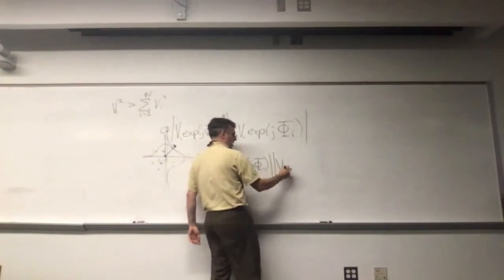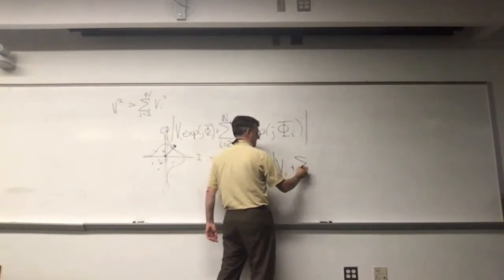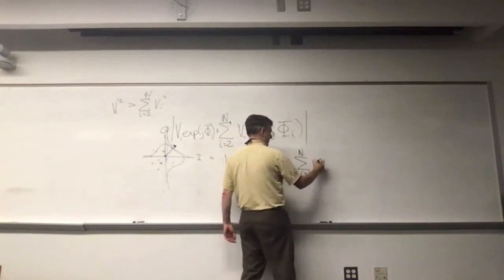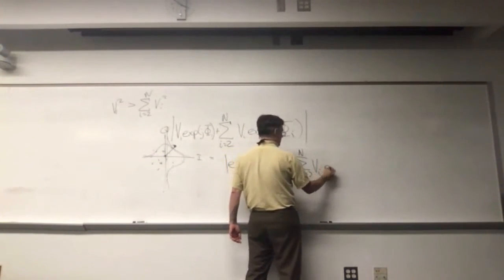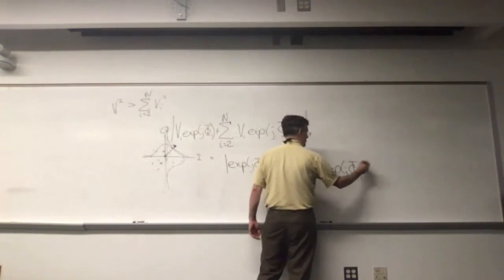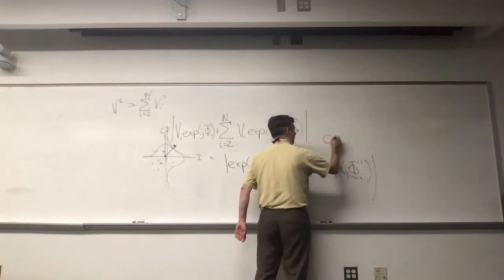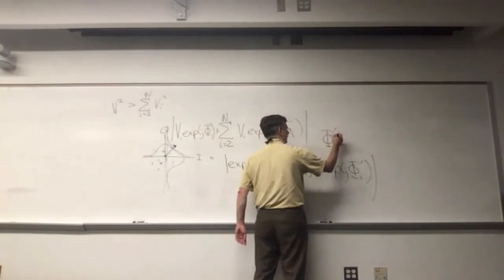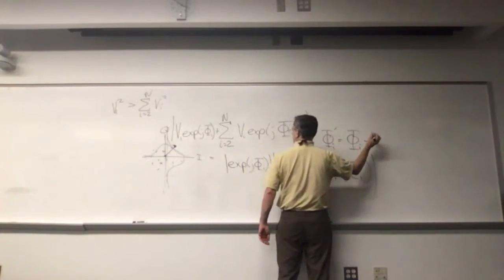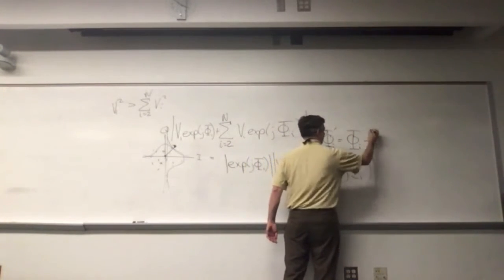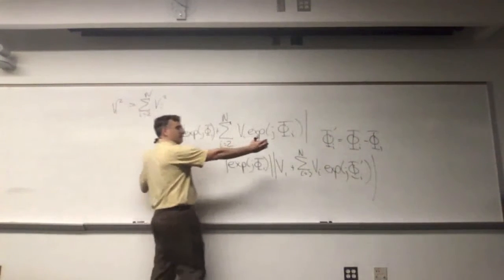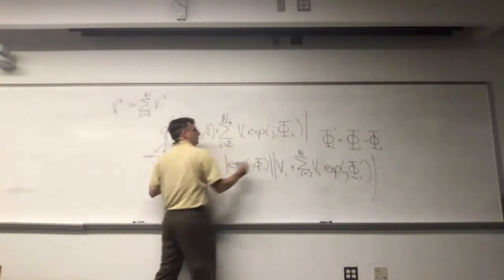So I'm going to have V1, which is a constant, plus the sum of i equals 2 to N v sub i e to the j phi i prime, where phi sub i prime is equal to phi sub i minus phi sub 1. So I'm studying the envelope, the statistics of the envelope of this process.